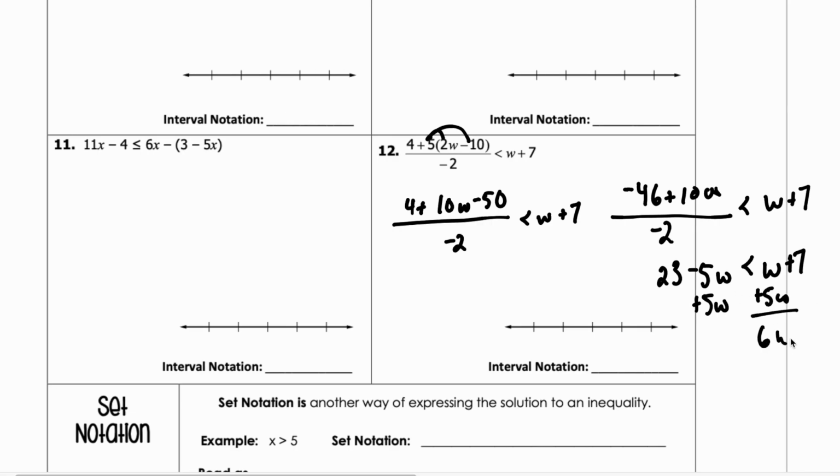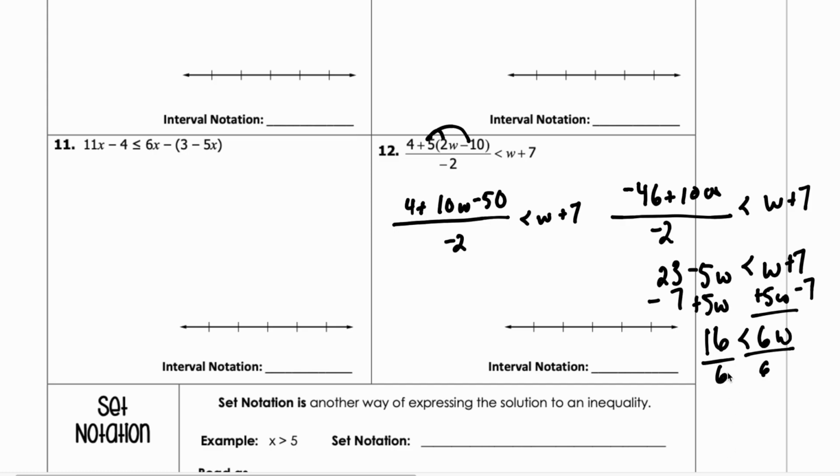So I have 6w, bring my 7 to this side. Now I have 16. All right, and then we're going to divide both sides by 6.